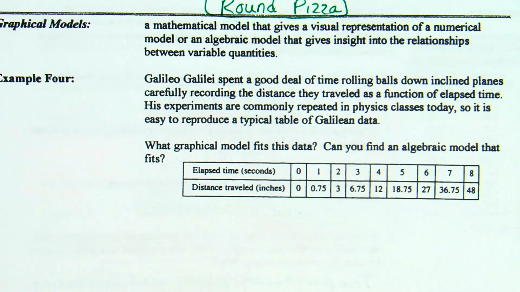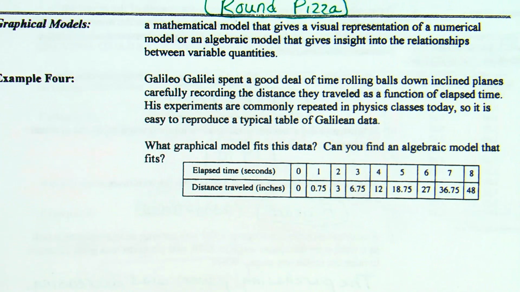Now, the example we're looking at here. Galileo spent a good deal of time rolling balls down inclined planes, carefully recording the distance they traveled as a function of elapsed time. His experiments are commonly repeated in physics classes today, so it's easy to reproduce a typical table of Galilean data.